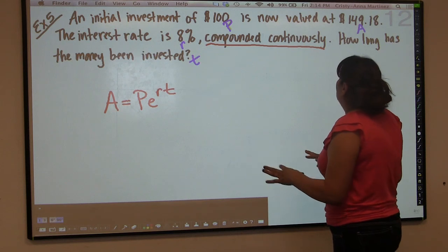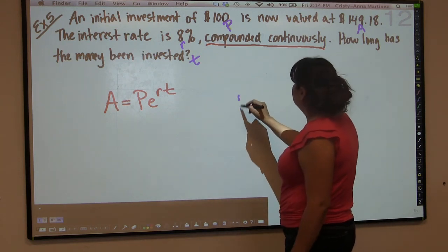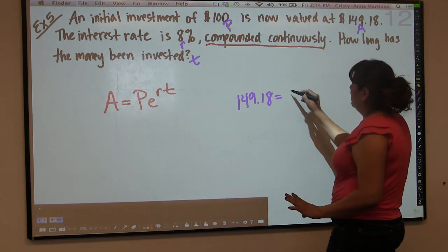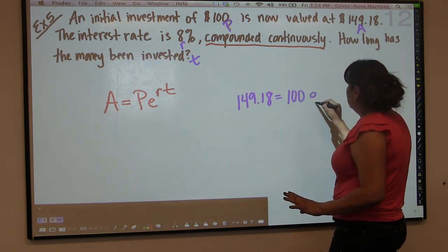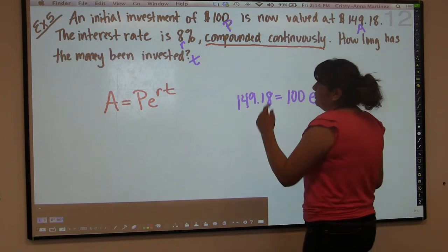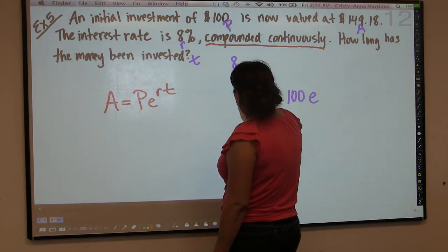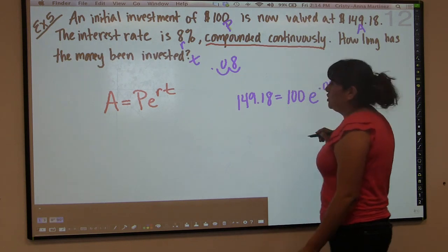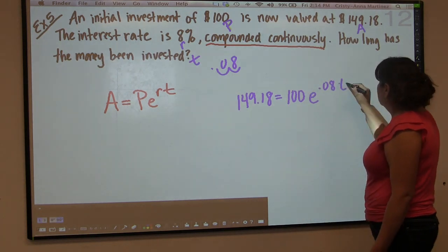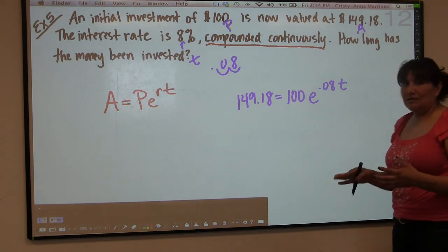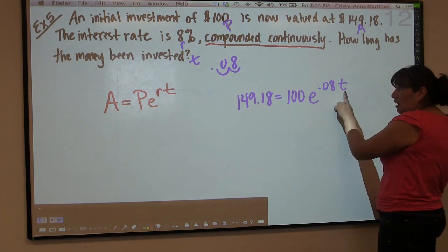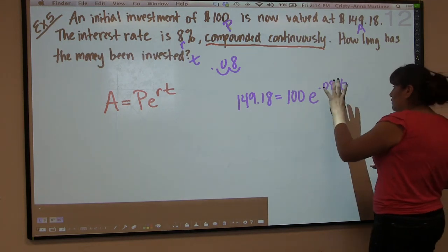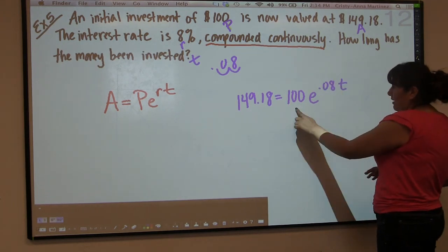So let's plug in everything that we know. A is 149.18. Initially it was 100. The interest rate is 8%, so you move it to 0.08. And we don't know what T is. I'm trying to solve for T, so you might be starting to see why I need a logarithm. This T needs to get out of the exponent. But before I mess with the exponential part, I have to get rid of the 100.